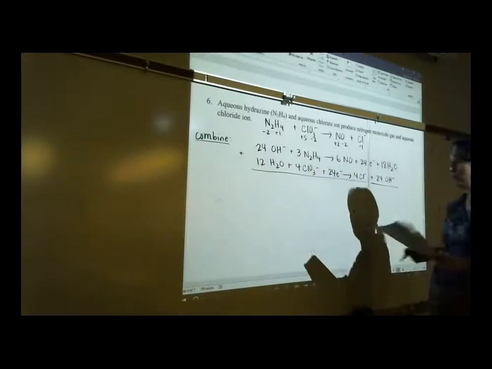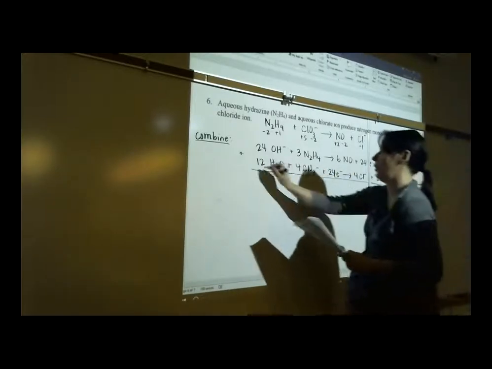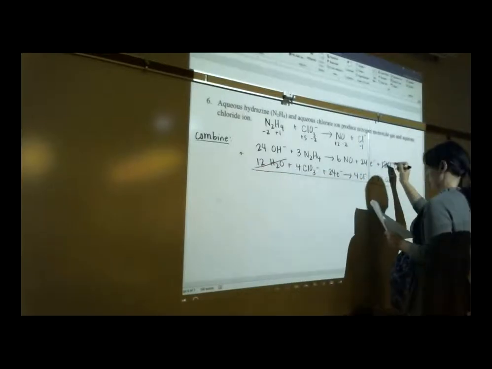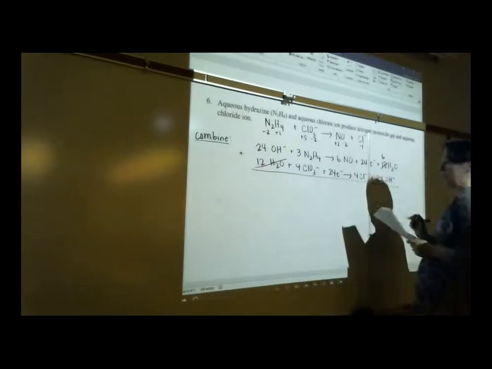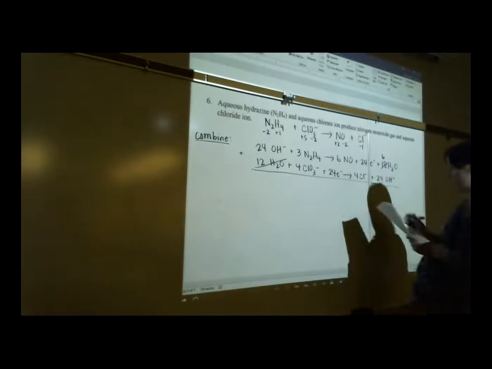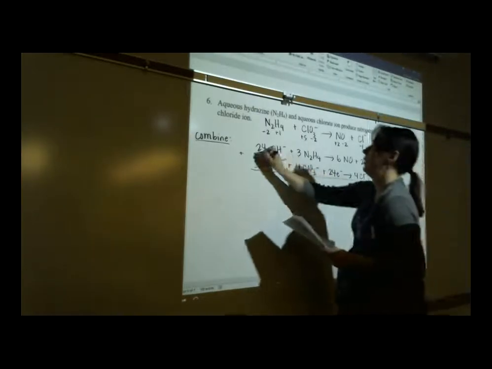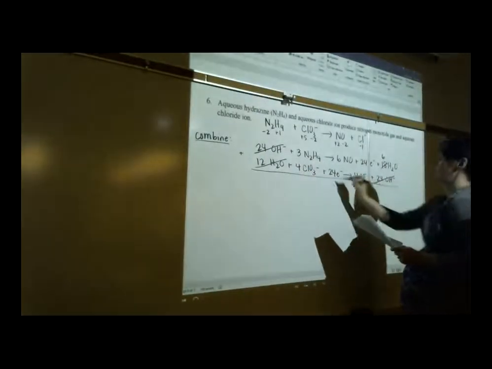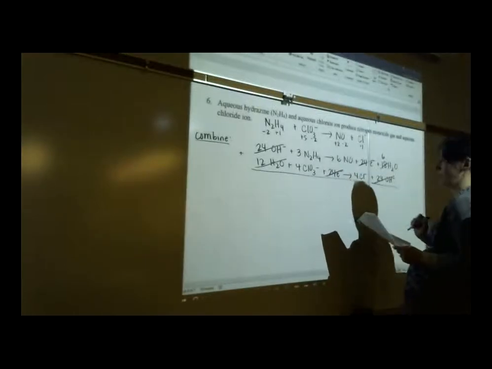So now we've got some major time cleaning up to do. Right, our 12 H2Os come out here. And then we've got hydroxides to cancel out completely, 24 OH minus, 24 OH minus, and then we've got our 24 electrons that go away.